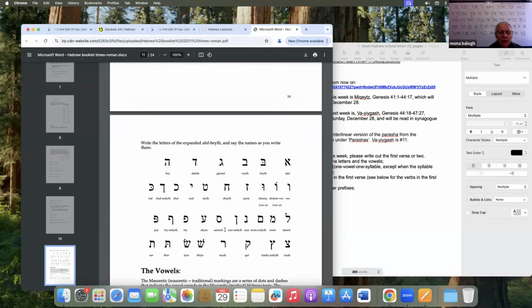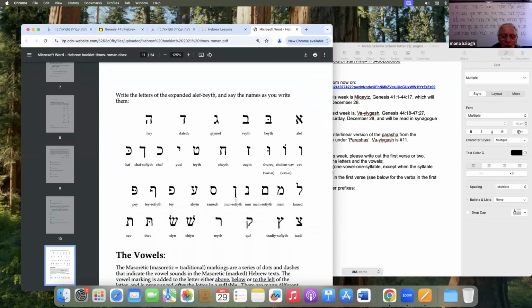Aleph, Beit, Veit, Gimel, Dalet, Hey, Vav, Vav O, Vav U, Zayin, Chet, Tet, Yud, Chaf, Chaf Sophite, Kaf, Lamed, Mem, Mem Sophite, Nun, Nun Sophite, Samech, Ayin, Fe, Fe Sophite, Pe, Tzadi, Tzadi Sophite, Kuf, Resh, Shin, Sin, Tav, Sav. And now the vowels.